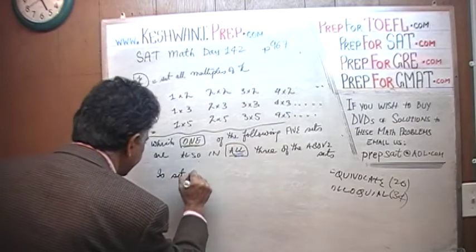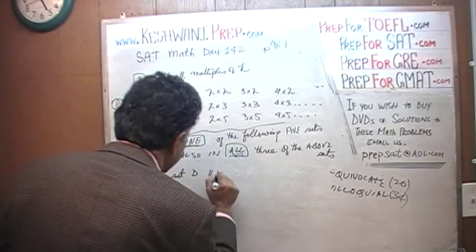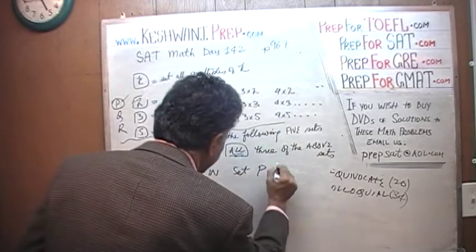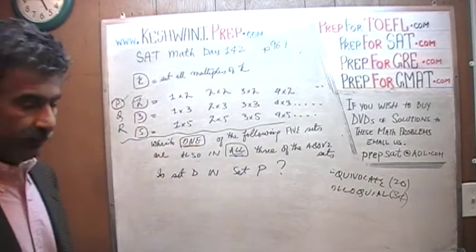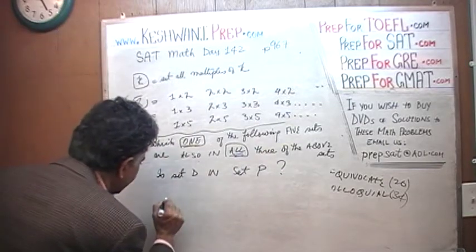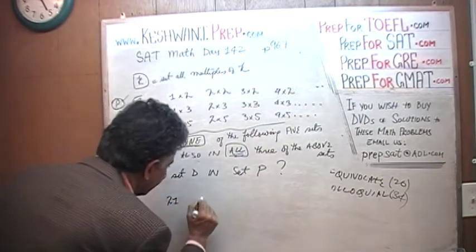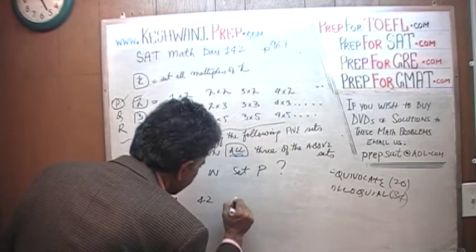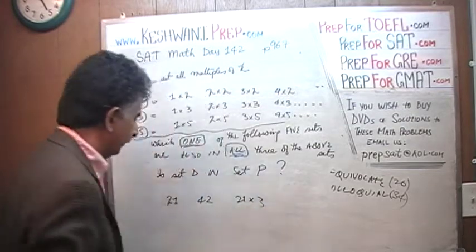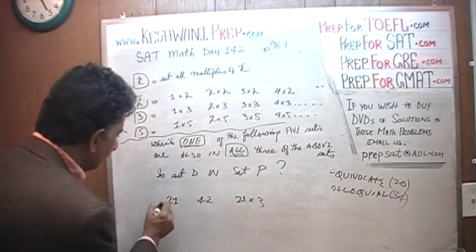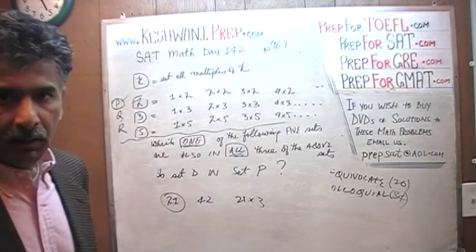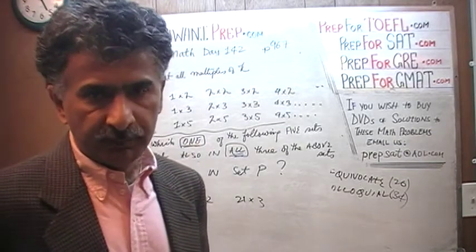Is set D in set P? Well, that's an easy one to start because set D is the multiples of 21: 21, 42, and 21 times 3, and so forth. Well, 21 is an odd number. An odd number will never appear in a set of even numbers.